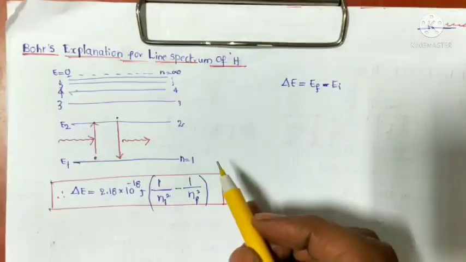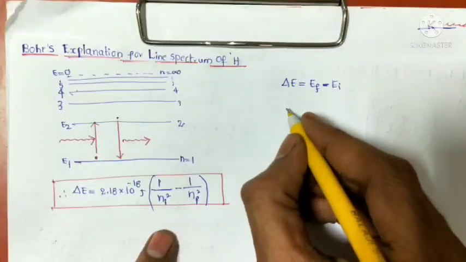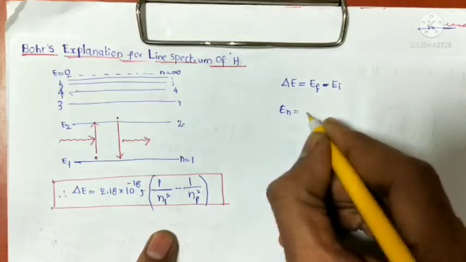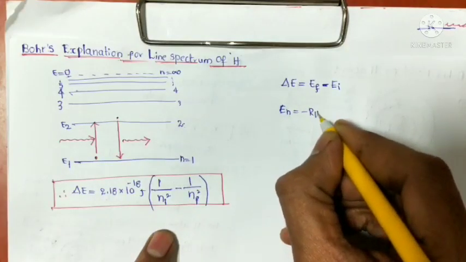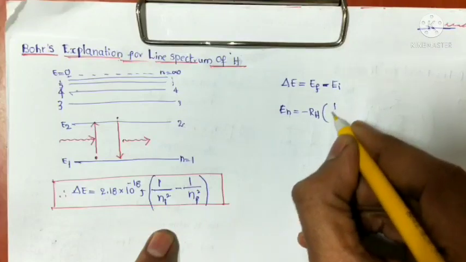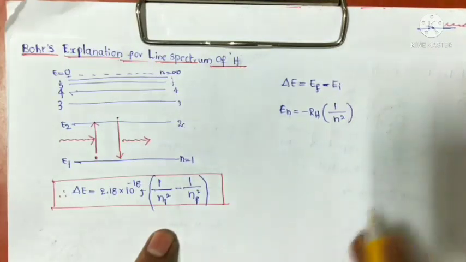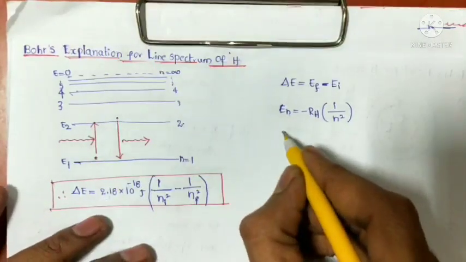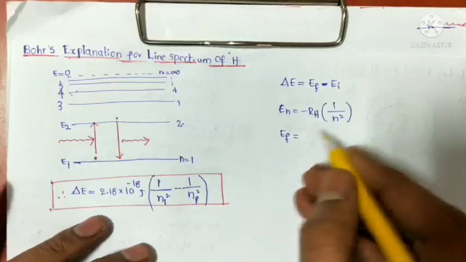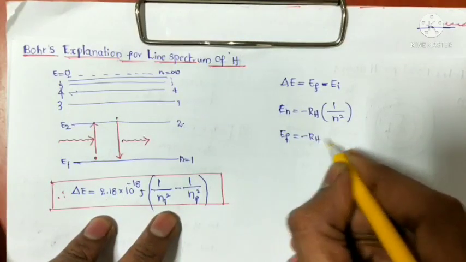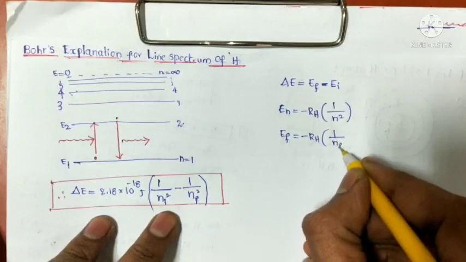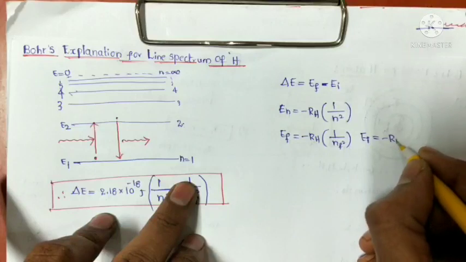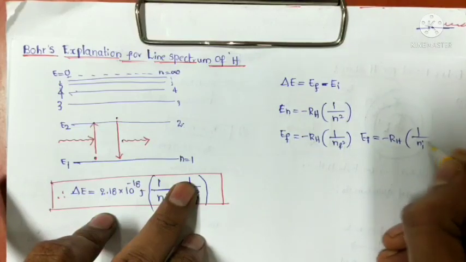From Bohr's explanation, the energy En equals minus RH times 1 by n square. From this, the final energy is minus RH times 1 by nf square, and the initial energy is minus RH times 1 by ni square.